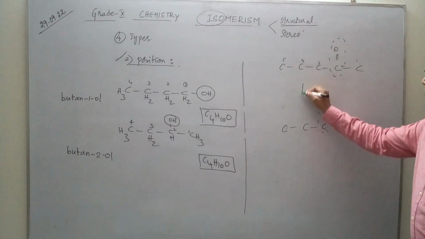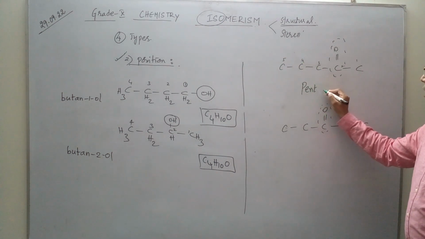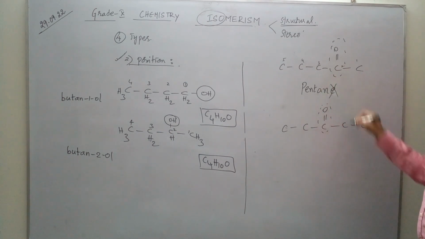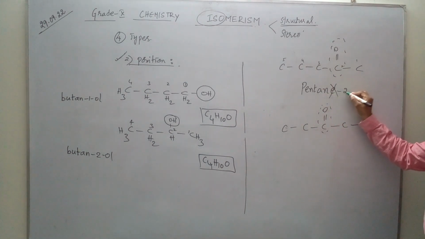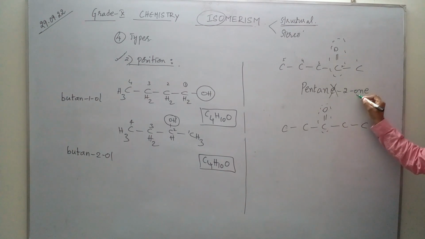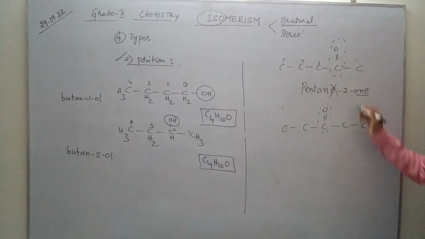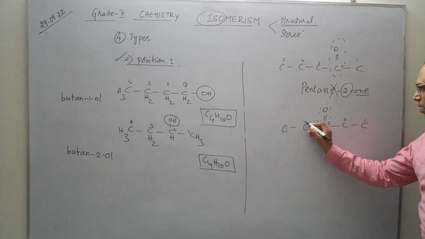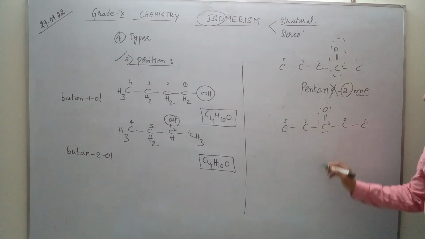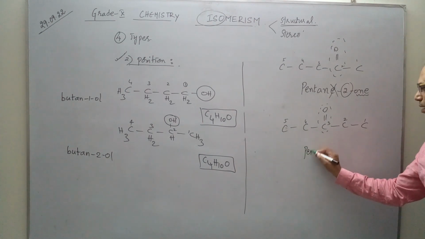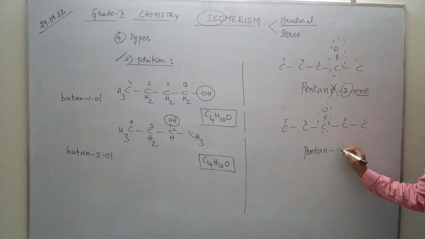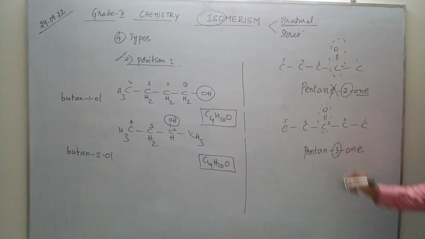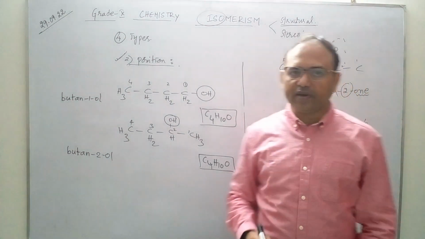The root word, because of 5 carbons, is pent. And now single bonds, ane, remove the terminal e and write it as dash 2 on. The suffix for ketone is one. Next, here you can take any direction, and after writing the numbering you will get pentane-3-one. So very clearly you can understand that the functional group position is different.